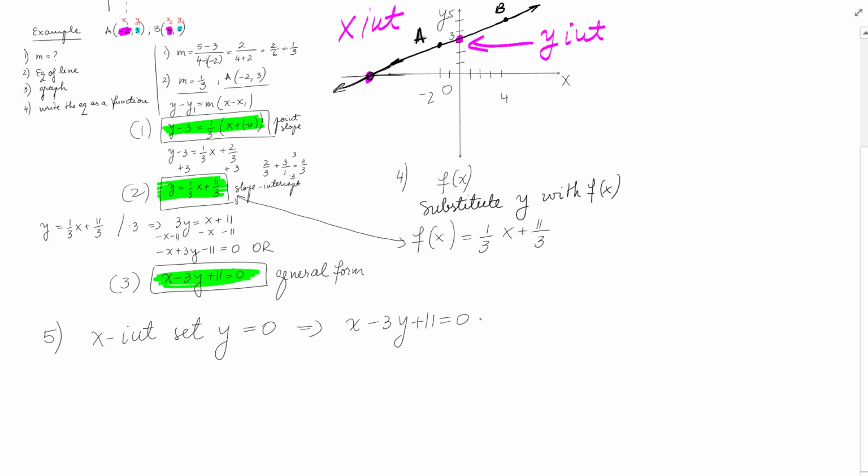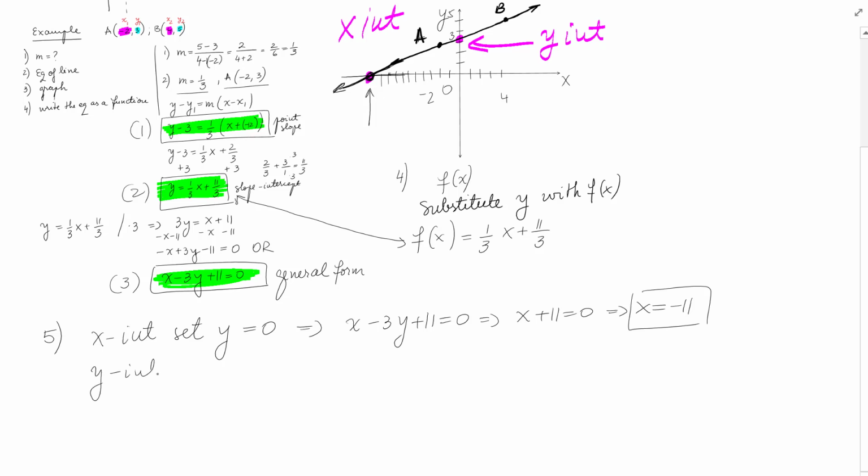I'm going to set y equal to 0, so we get x plus 11 equals 0, which means x equals negative 11. Does this point make sense to be negative 11? Yes, maybe I didn't draw it on scale, but it is on the negative side. It is farther away from negative 2, so I might be on the right path.